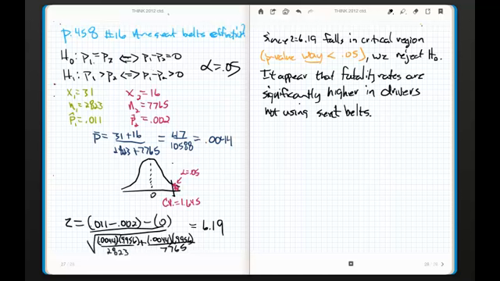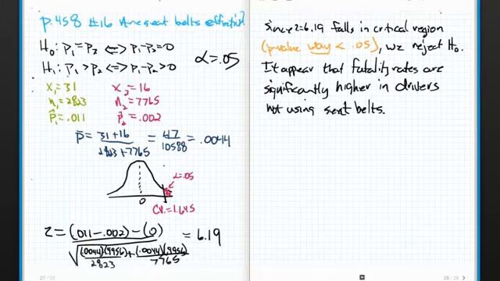So basically, let's try this again, for drivers using seatbelts, versus drivers that aren't using seatbelts, is the proportion of fatalities higher in those not using seatbelts? Well, this is a pretty obvious problem, but watch how it plays out. They're either equal, or we're really checking to see if the proportion for those not using seatbelts is higher than those using seatbelts.